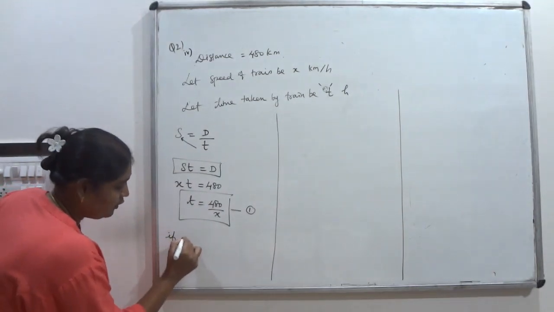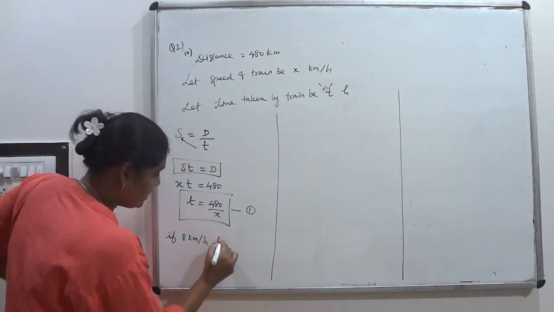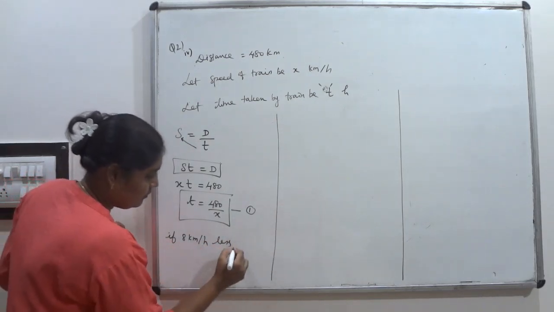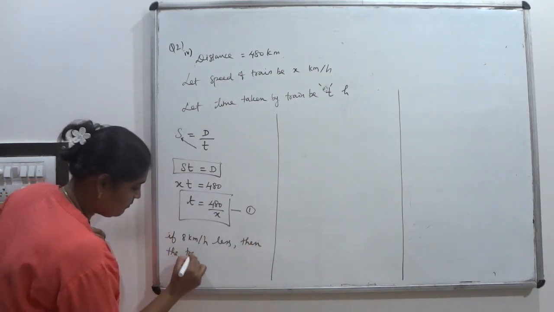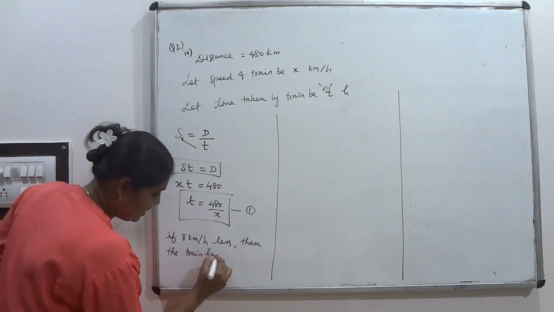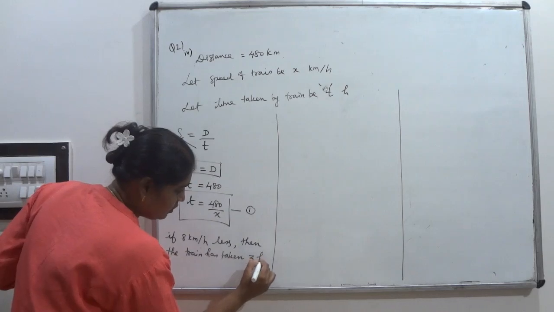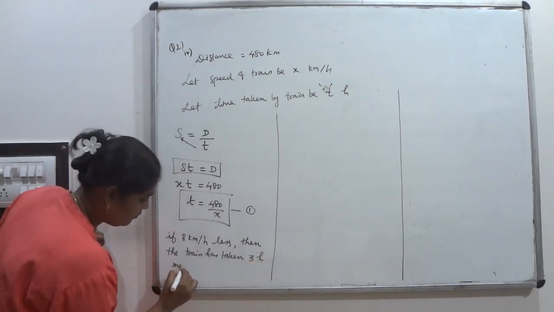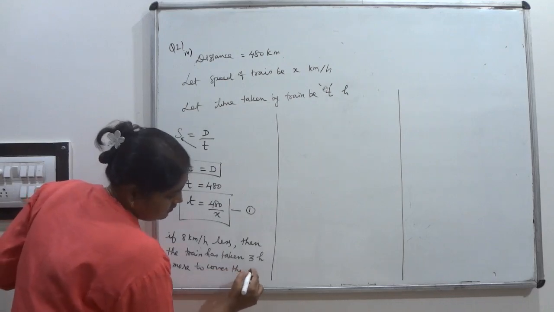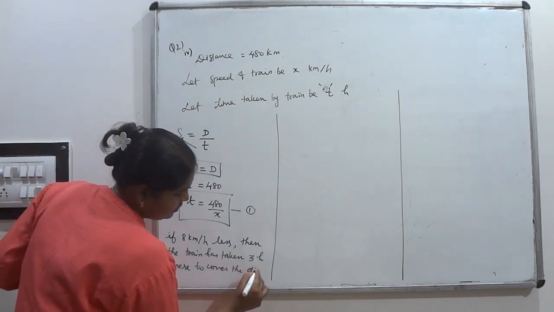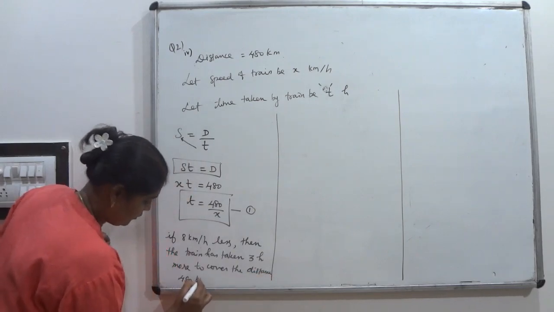If 8 km per hour less, then the train has taken 3 hours more to cover the distance 480 km.